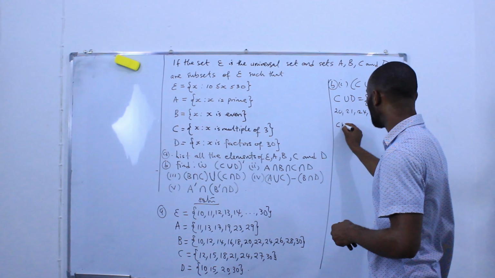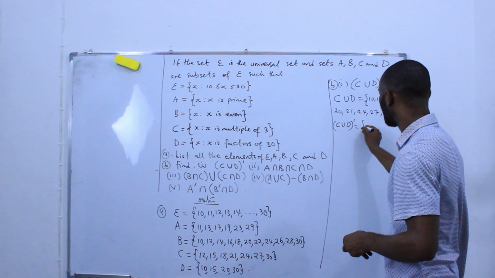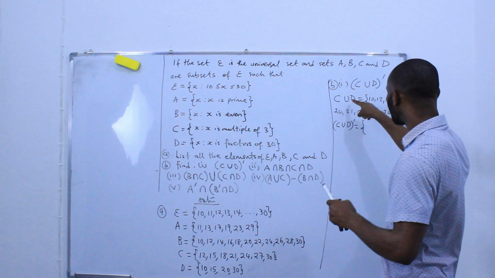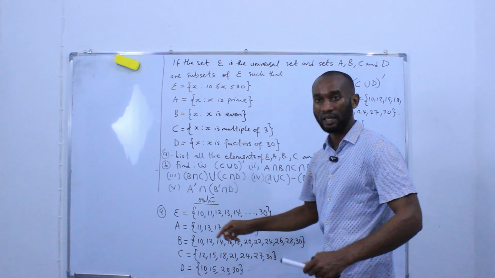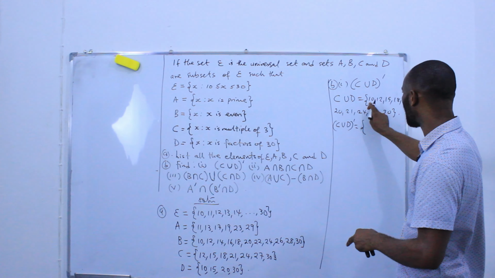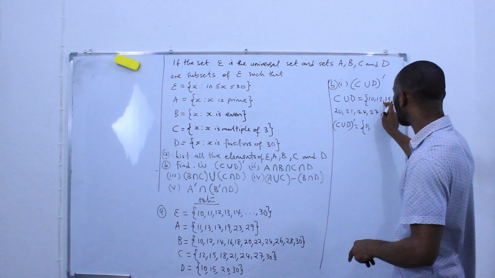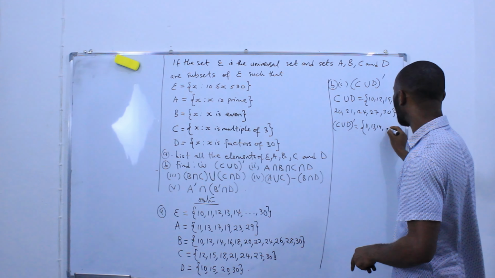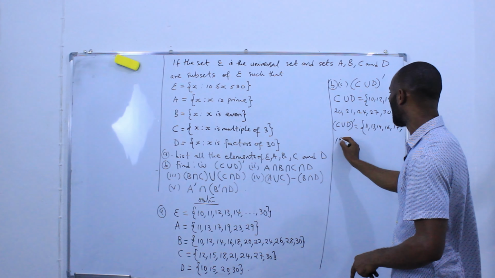Now, C union D complement becomes those integers that are not in C union D, but they are in the universal set. And they are those elements that are not there. We have 10 here, 11 was omitted, so we put 11 here. 13, 14 is not here, so we put it in here. 16 and 17 is not there. 19 is not there.